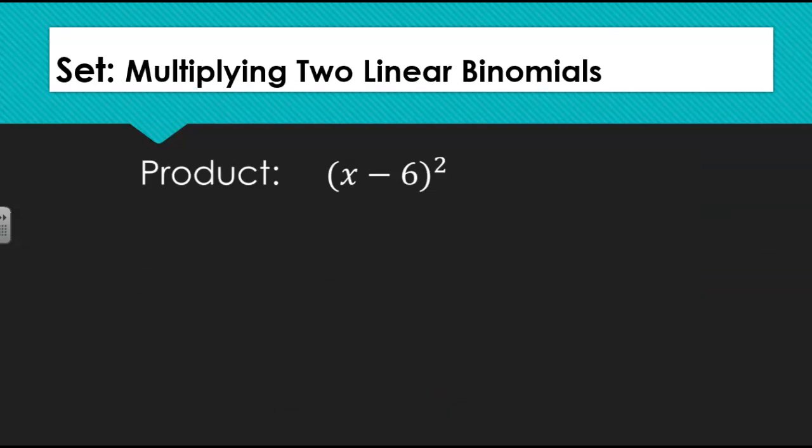In the Set portion of today's homework, we are multiplying polynomials, specifically two linear binomials. In this case, we have one binomial that is squared. We know if we write that out in expanded form, that would be x minus 6 times x minus 6.